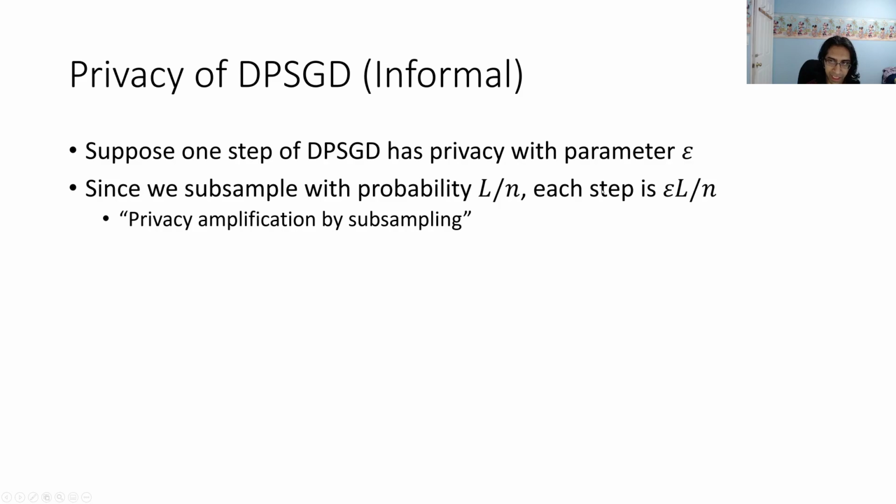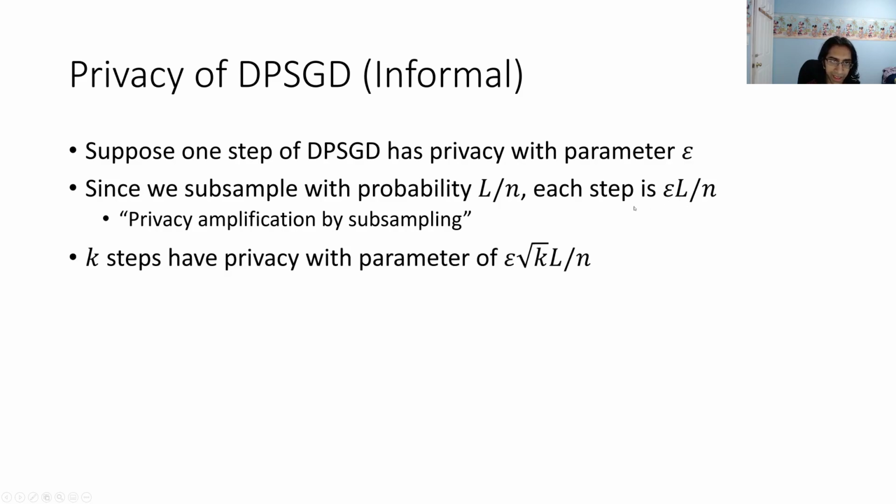So that's one thing. Then we can say that each step has a stronger differential privacy. And then the last thing is that since we had k steps, outputting the result of taking k steps would have, by advanced composition, epsilon times square root k times L over n differential privacy. Now, you might be wondering, why did we have to pay for all k steps?